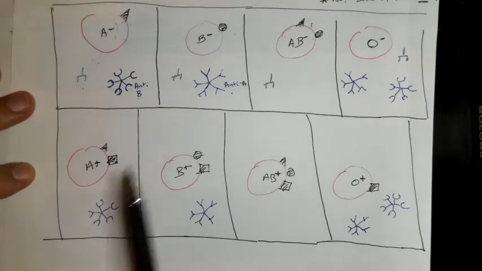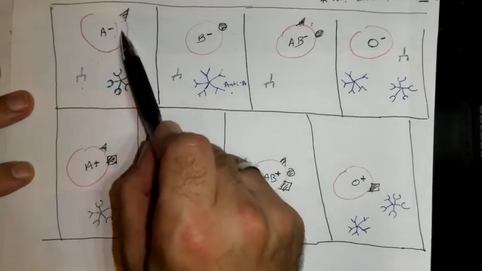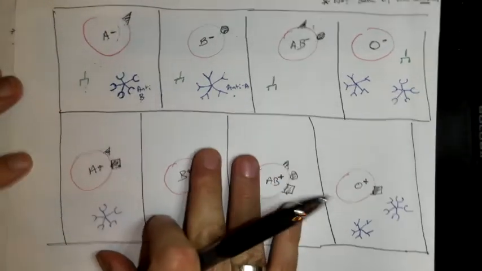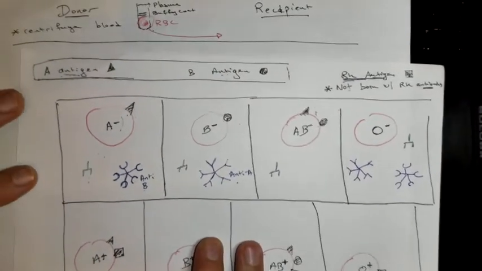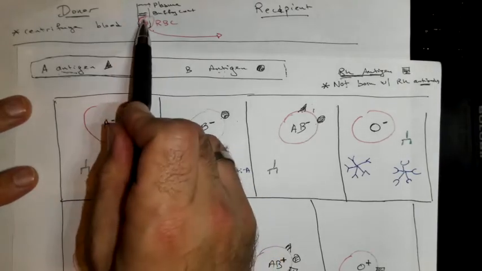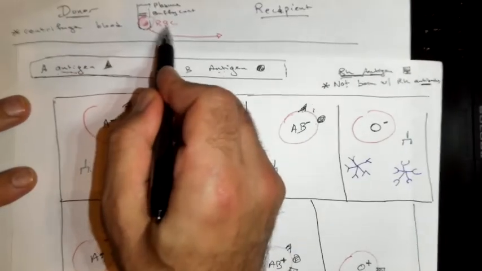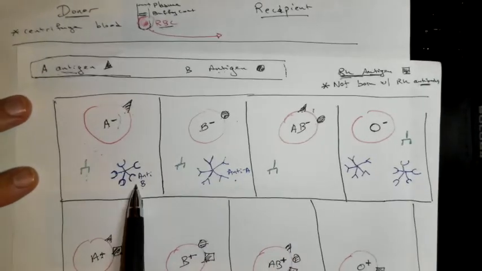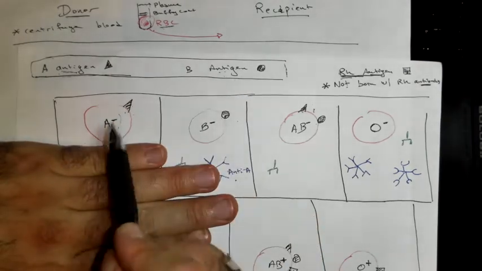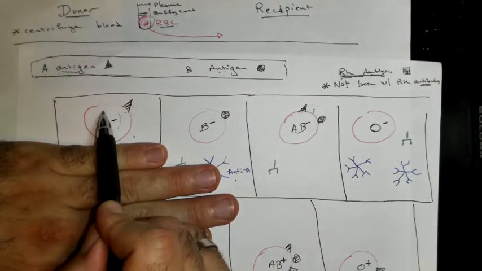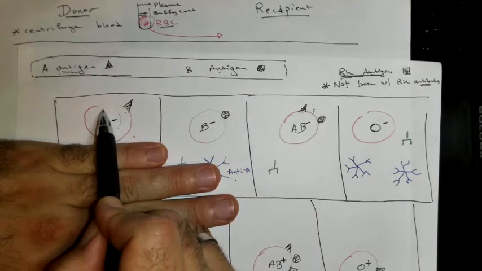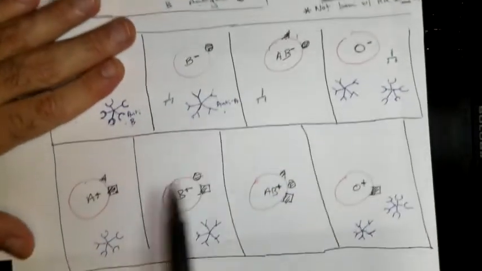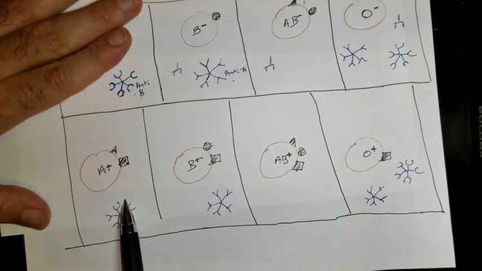right? So we're going to take this RBC, only the RBC, because remember, we centrifuge and we just take the RBCs. And so you don't worry about the plasma when it comes to the donor, but you just take the RBC and you put it inside this person's blood.